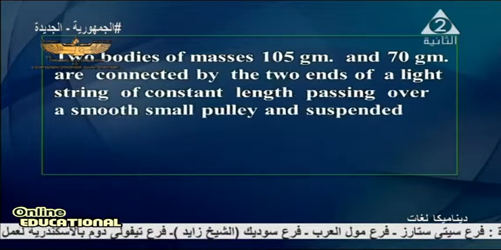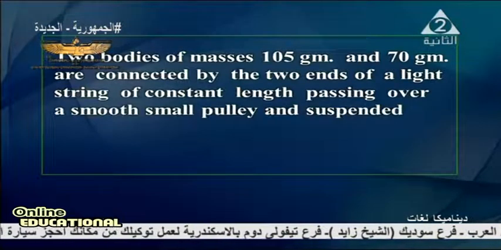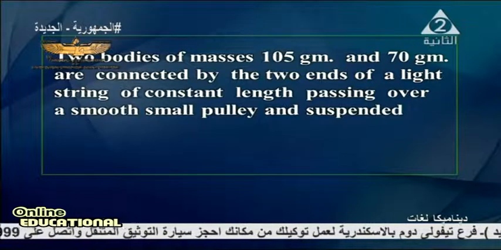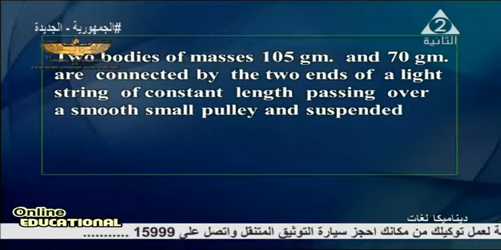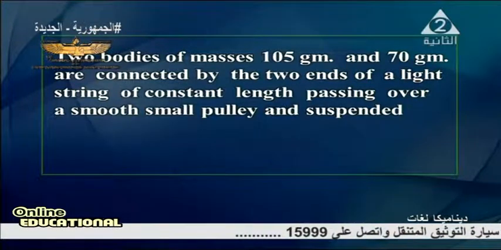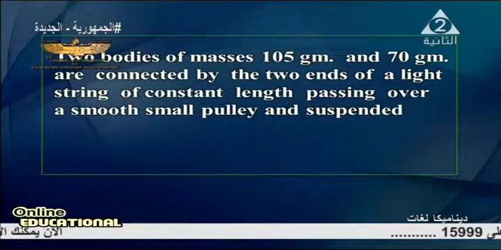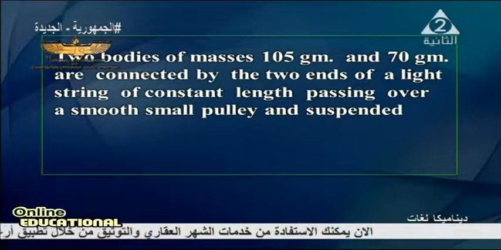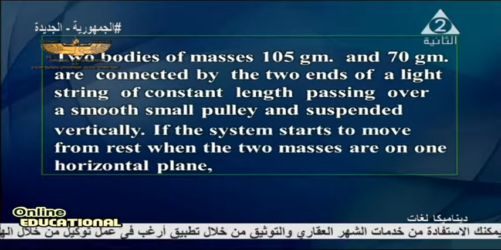Another example. Two bodies of masses 105 gram and 70 gram are connected by the two ends of a light string of constant length passing over a smooth small pulley and suspended vertically.